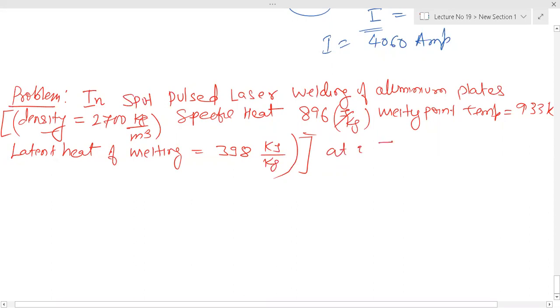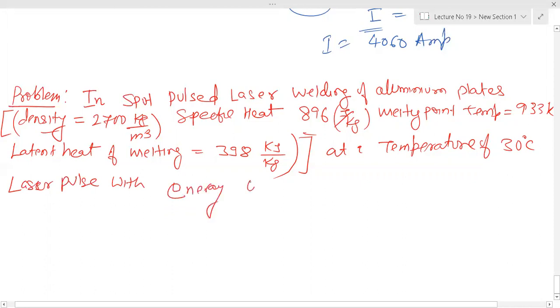At a temperature of 30 centigrade, a laser pulse with energy 0.5 joule is focused onto an area of 0.05 millimeter square.